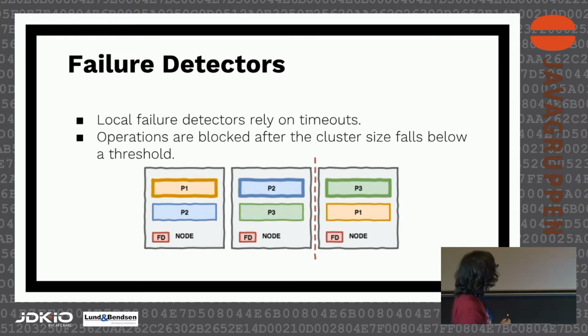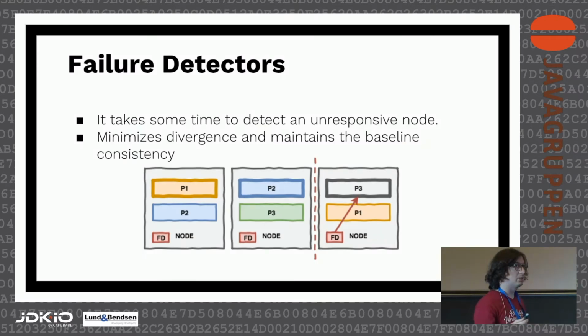So if the cluster splits like in the previous example, the bigger side will continue executing the operations because it still reports a cluster size bigger than 2. So it is 2, and on the other side, the single node will stop executing these operations because its cluster size falls below our threshold, which was 2. So this is a useful idea, but it has a shortcoming.